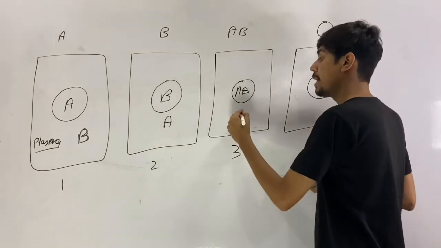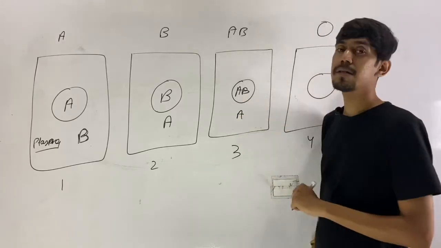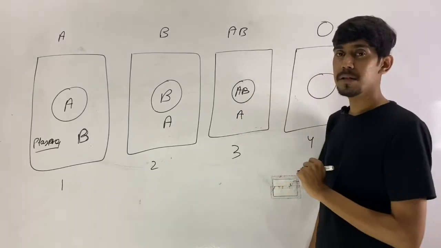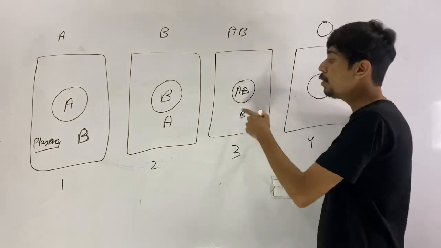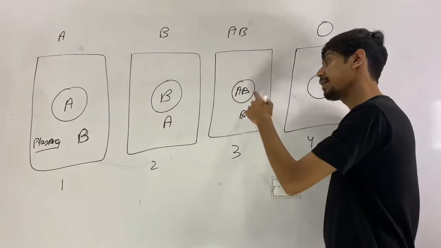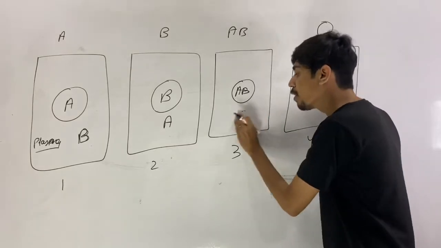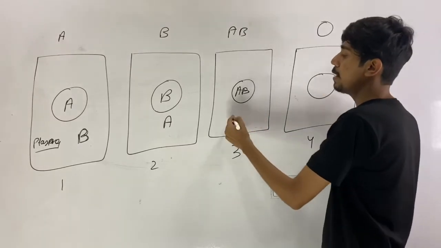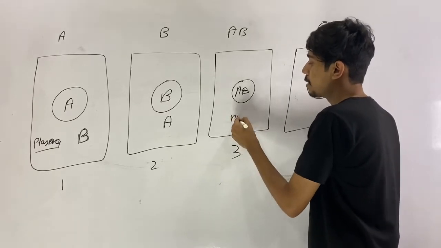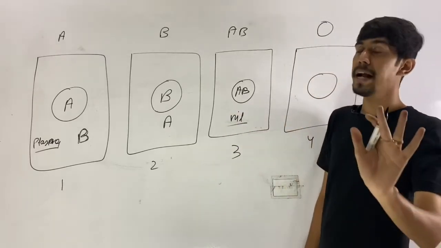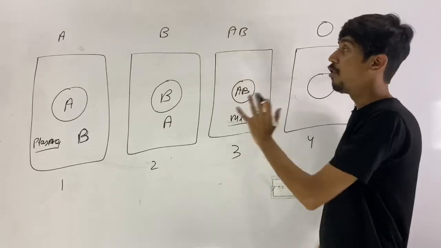If there is antibody A, it is going to destroy the RBCs because there is antigen A. If there is antibody B, it is going to destroy the RBCs because there is antigen B. So there cannot be any antibody. Here the antibody is nil. There is no antibody in the individual of blood group AB.